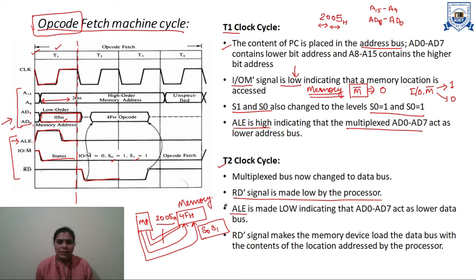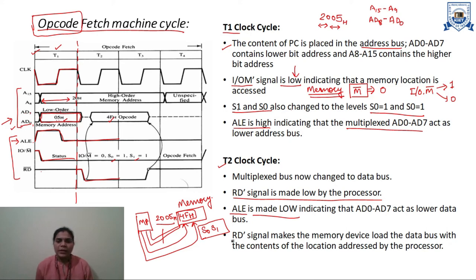Once the multiplexed buses have delivered the address, now these buses will be used to carry data. So the memory will place the machine code or opcode on the data bus. ALE will be low, indicating that the multiplexed buses are carrying data. It means the machine code will be placed on the data buses, or we can say the multiplexed buses.